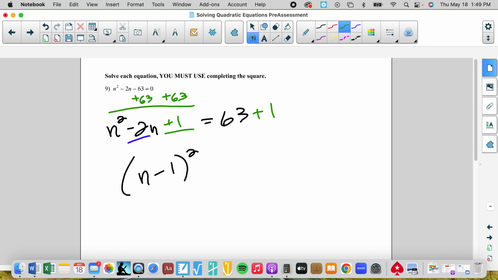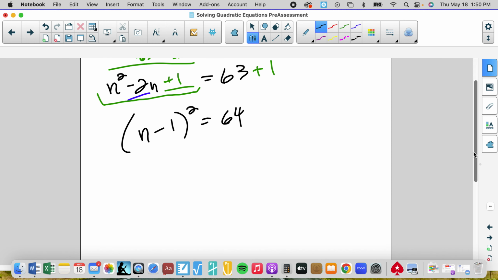So what I do to one side, I have to balance it and do it to the other. If I have n squared minus 2n plus 1, I can factor that into a binomial squared. N minus 1 quantity squared equals 64. Now I have my variable being squared. I know how to get rid of a square.